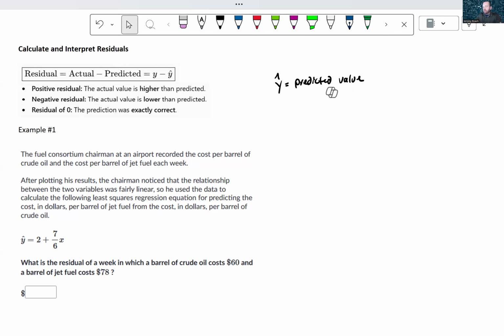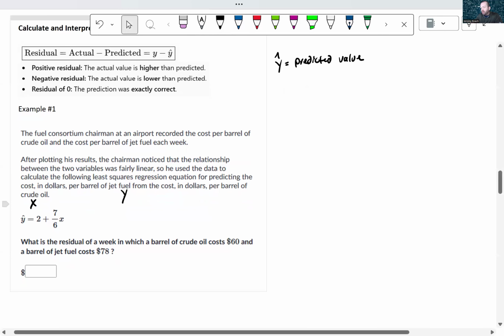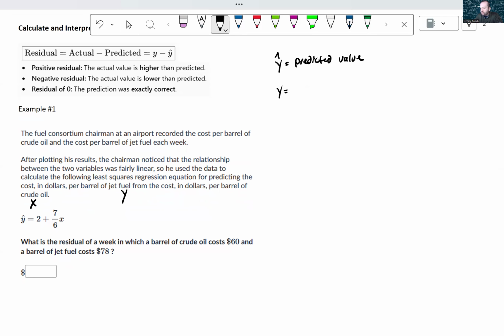We're going to say that jet fuel is Y and crude oil is X. So now that we've identified our given variables, I'm just going to write what they are in terms of the problem. So Y is equal to 78 and X is equal to 60. So that would be step one, just to figure out what the variables are.